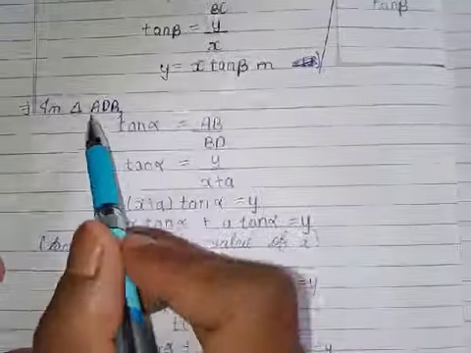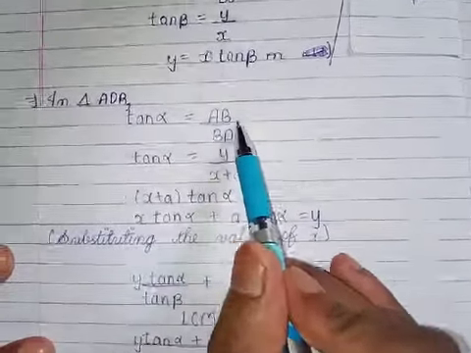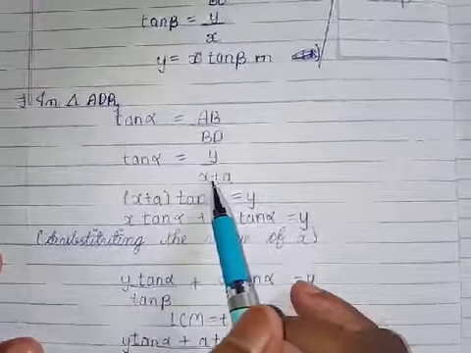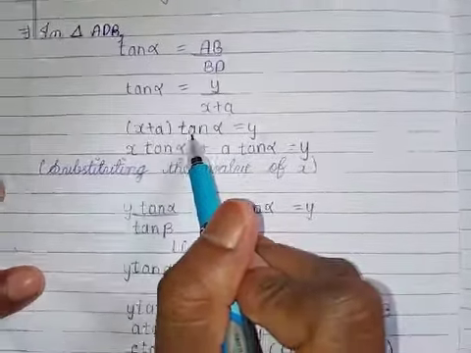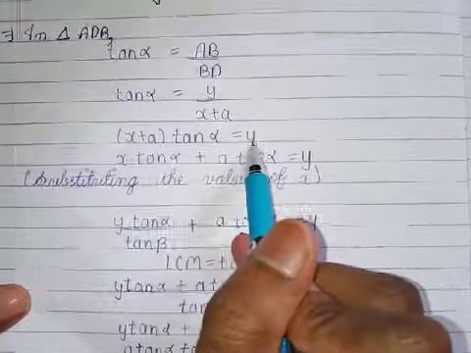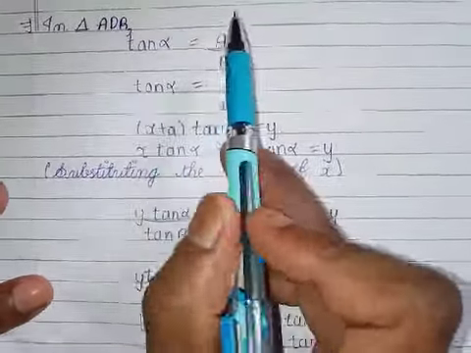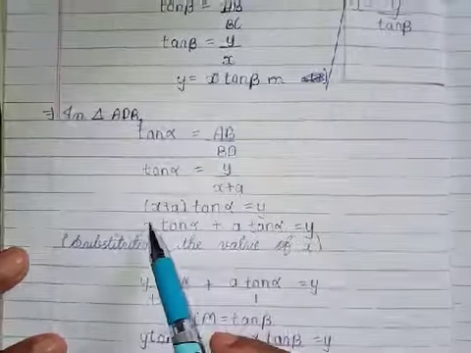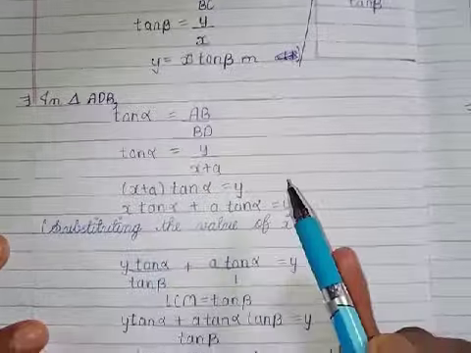Take second, in triangle ADB, tan alpha is equal to AB upon BD. Tan alpha is equal to y upon x plus a. So x plus a, into tan alpha, is equal to y. Since you are finding y, we'll replace x from there, so we'll get all the expression in y. So that will be easy.